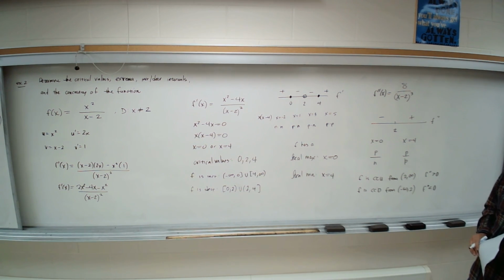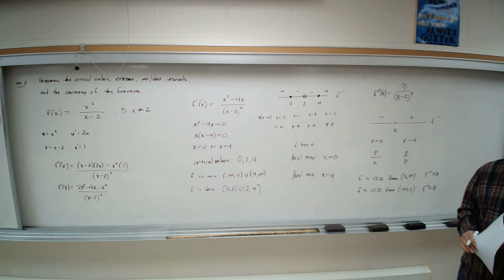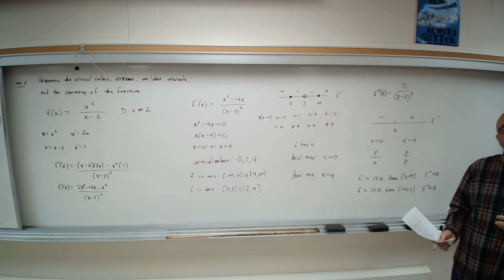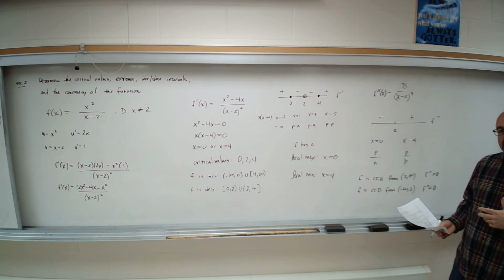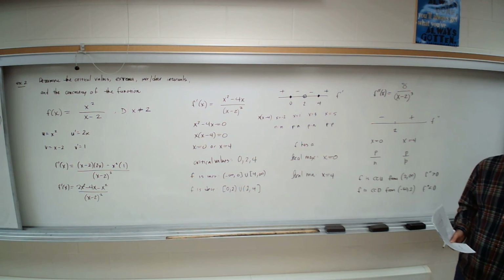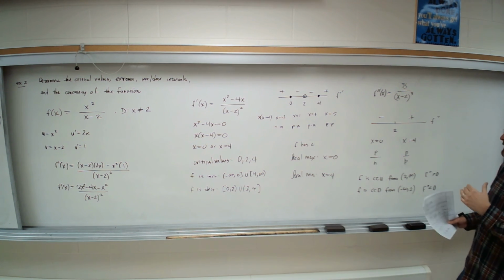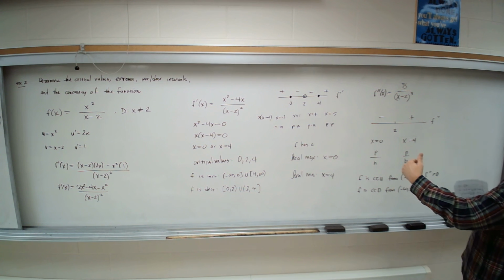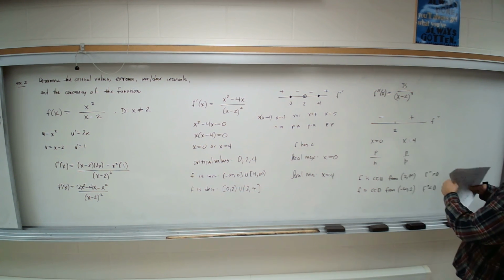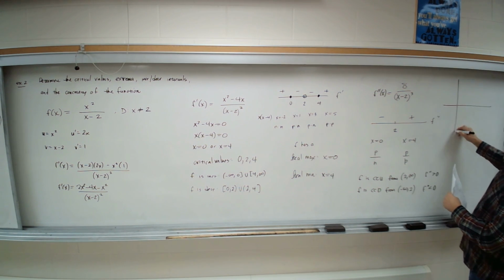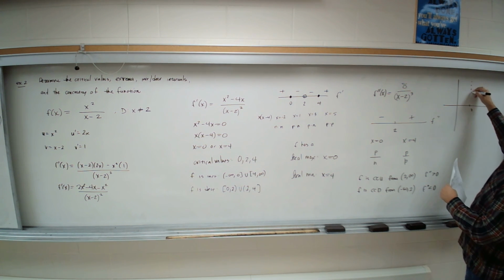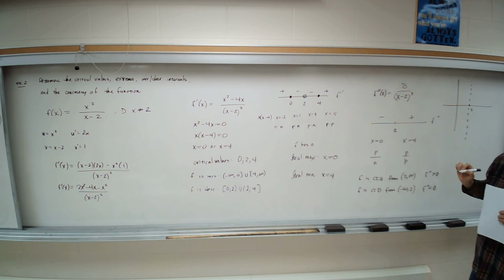Since 2 isn't in the domain, would it still be a point of inflection? That was my next question. What do you guys think? Do you think that 2 would be a point of inflection? I think no. No, it's not, because it's not in the original function. What we have here is a case where, if you want to think about it, for the graph, at 2 we have this vertical asymptote, right?